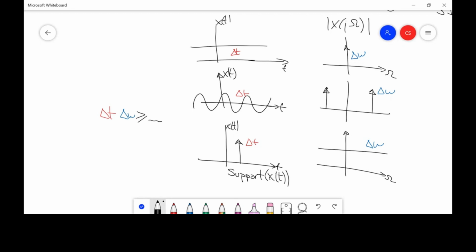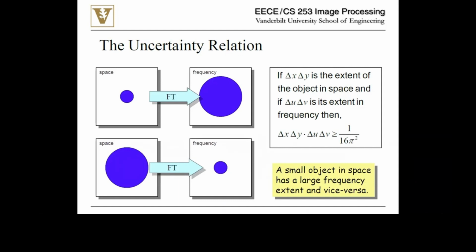If you are very wide in frequency, you are very compactly supported in real space, and the opposite. If you are very compactly supported in real space, then you must be very wide in frequency. And that is called the uncertainty principle.